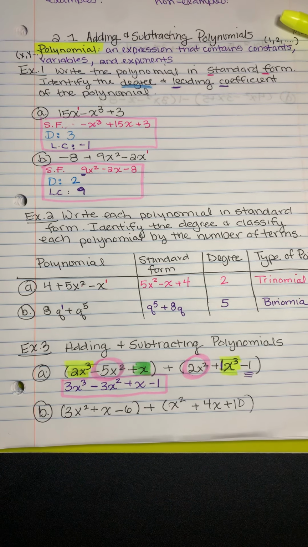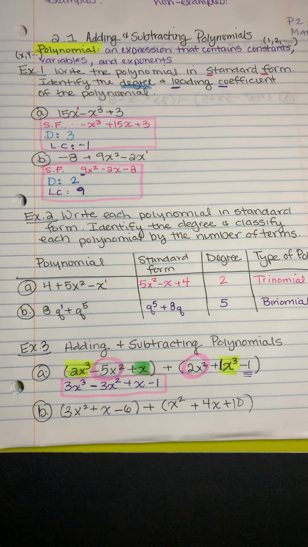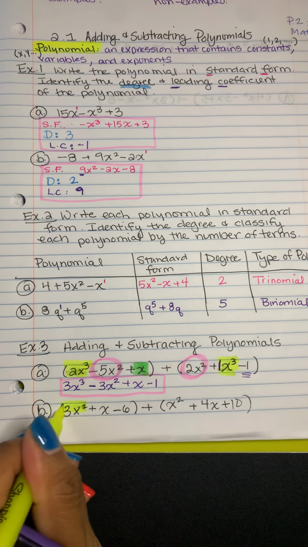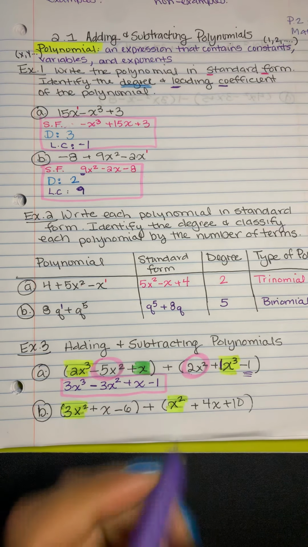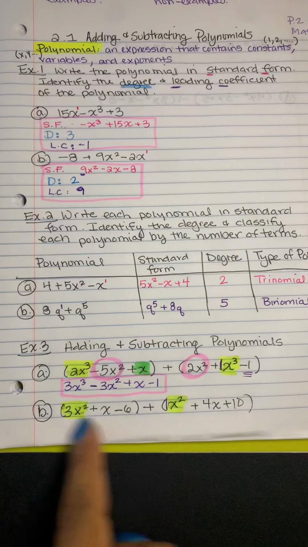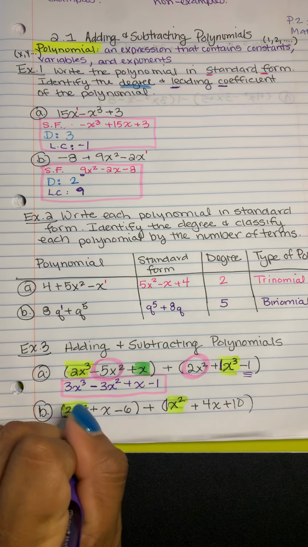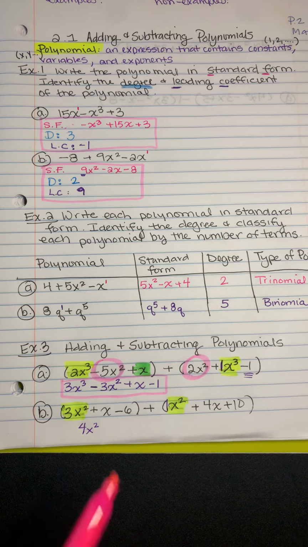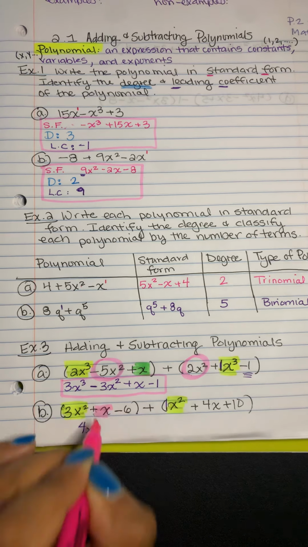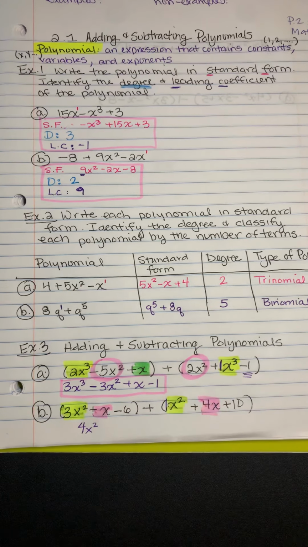Again, we're going to move a little bit faster. Let's go ahead and take a look at our like terms. We have 3x squared and we have x squared here. Remember, they're both positive, so this is going to be 4x squared. All right, we have x and we have a 4x.